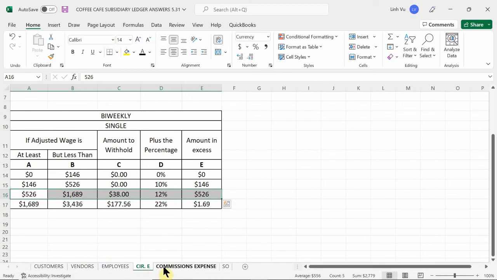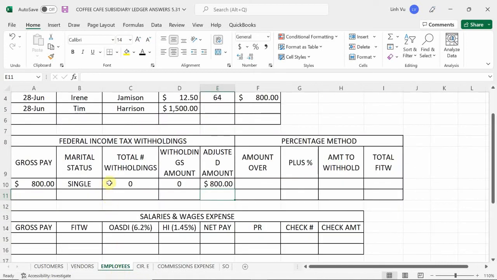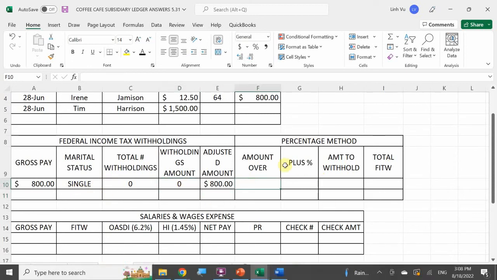So how do we calculate Irene's earnings? Well, if the government lets her keep $526, what amount is she in excess of? How much money did she earn over the $526? $274.